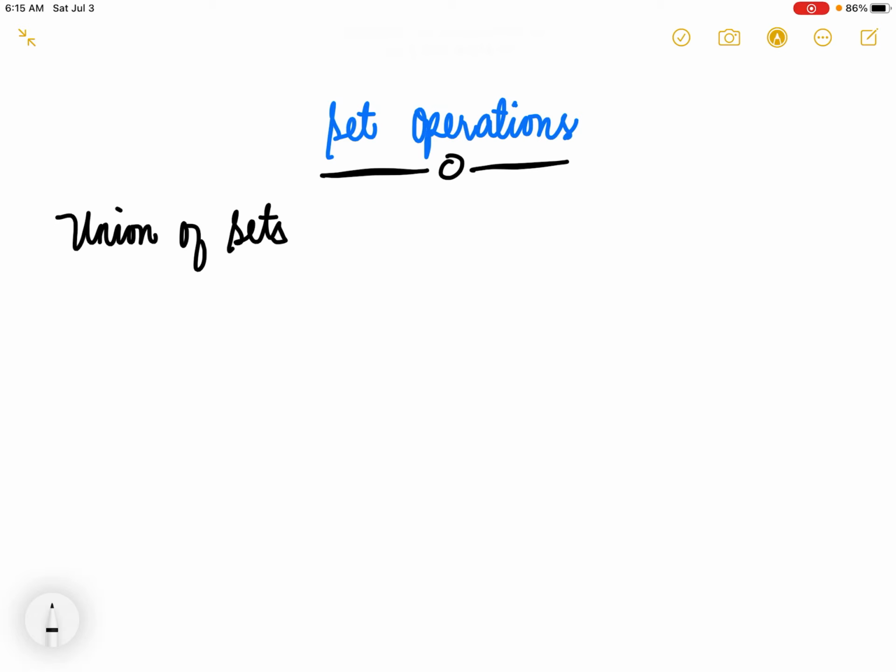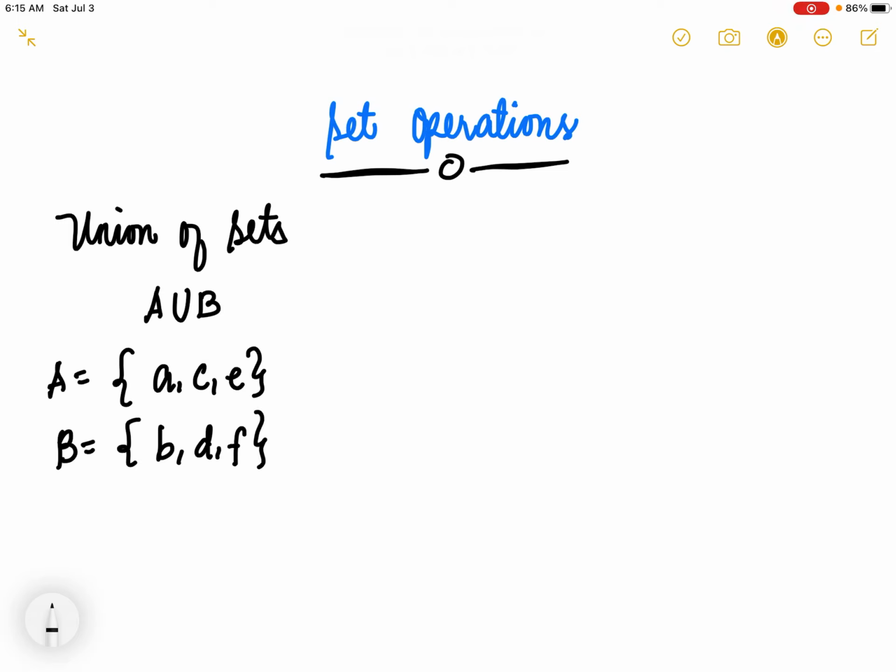It is the set that contains all the elements of both given sets A and B. The union of sets A and B is denoted by A union B. For example, if set A is equal to {A, C, E}, and set B is equal to {B, D, F}, then A union B is equal to {A, B, C, D, E, F}.